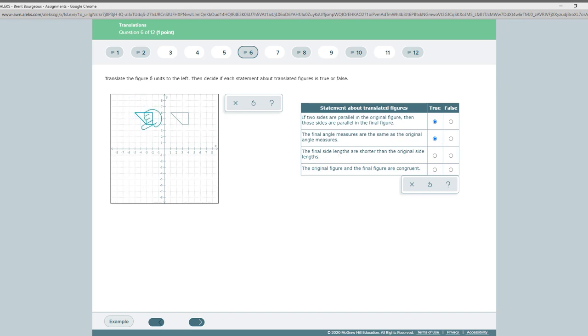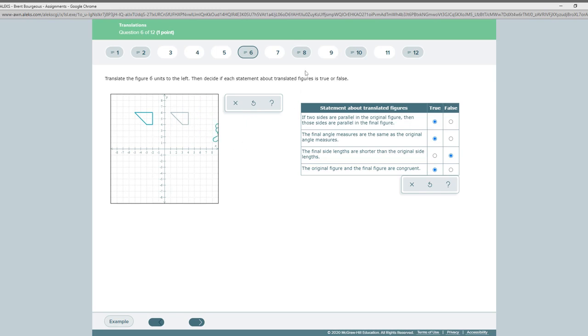Well, that's got to be false because we didn't change the size of the image. It didn't distort it in any way. The original figure and the final figure are congruent. That is true. So you might see one like that, and this kind of helps you understand the properties of a figure that has been translated.